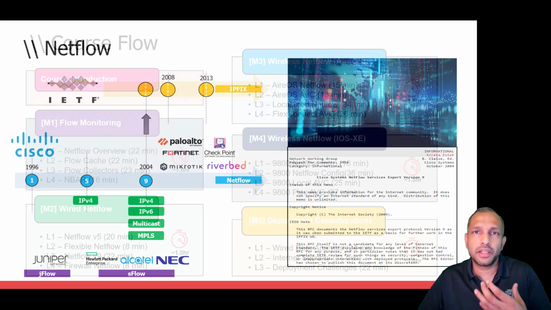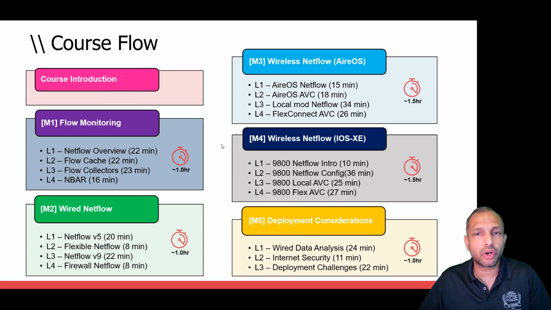In this digital class, I break it down into 5 modules. In Wi-Fi training, we focus on wireless. Even with NetFlow, I wanted to talk about wireless NetFlow in detail, but we can't directly jump into wireless NetFlow without the background.